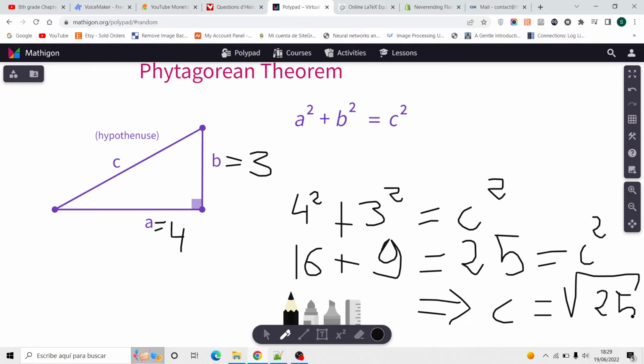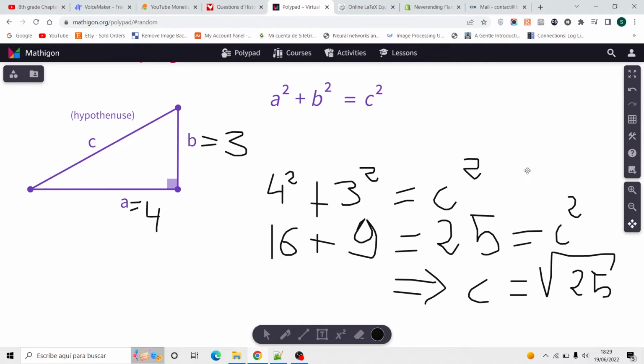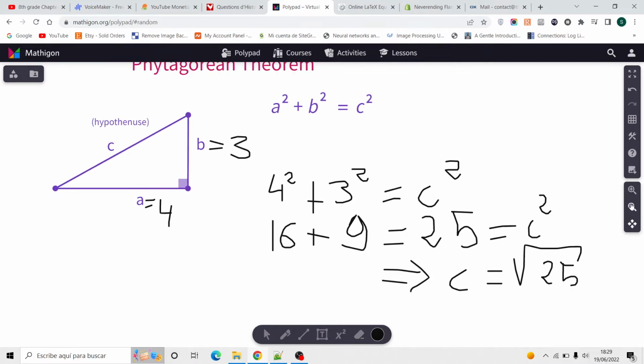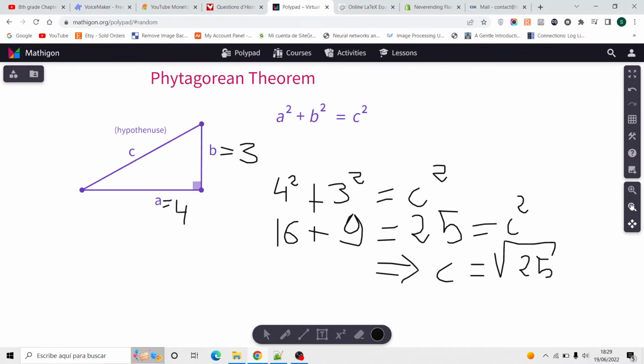Okay. And square root of 25 equals 5. Okay. So here we have computed the value of the hypotenuse with A and B.